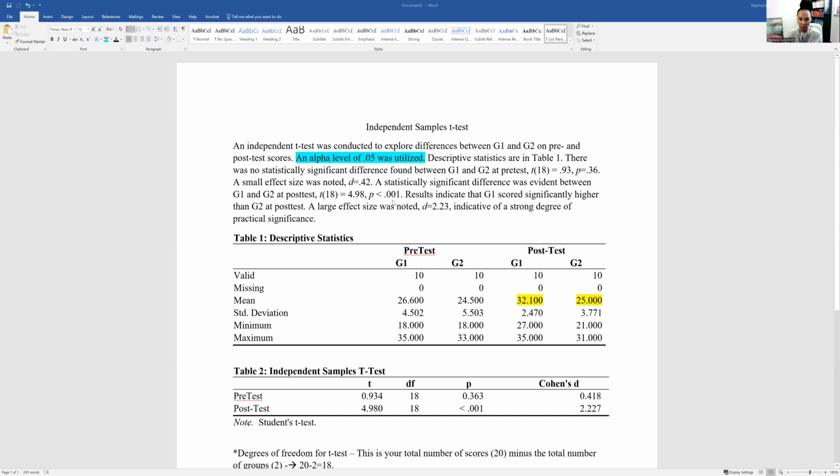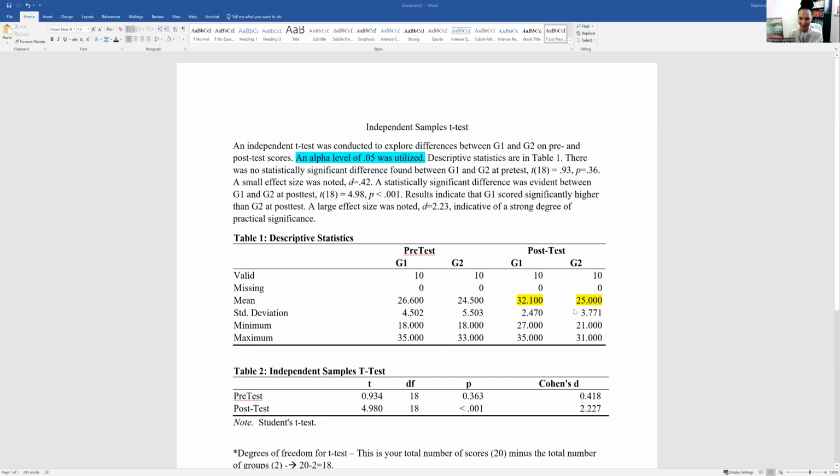So now where our descriptive statistics come in handy is that we are able then to look at the scores at post-test for group 1 and for group 2. And at post-test, we can see that group 1 had a mean score of 32.1. Group 2 had a mean score of 25. So what we can say then is that group 1 scored significantly higher than group 2 at post-test.